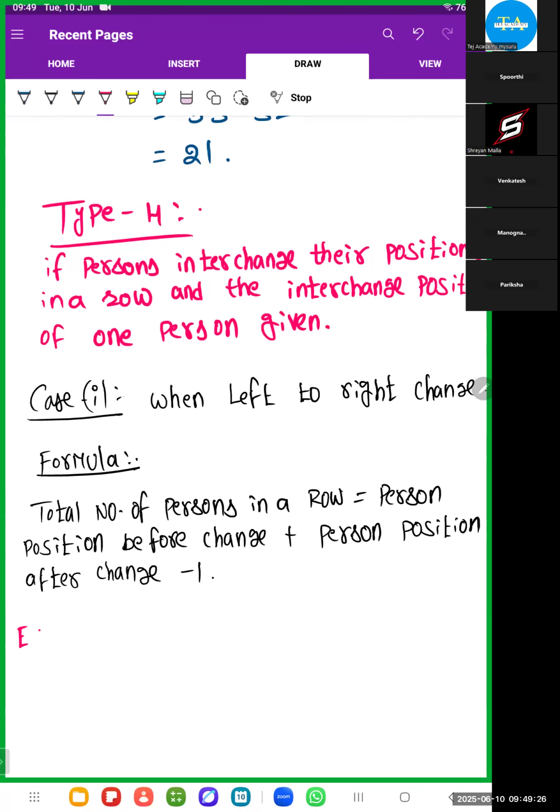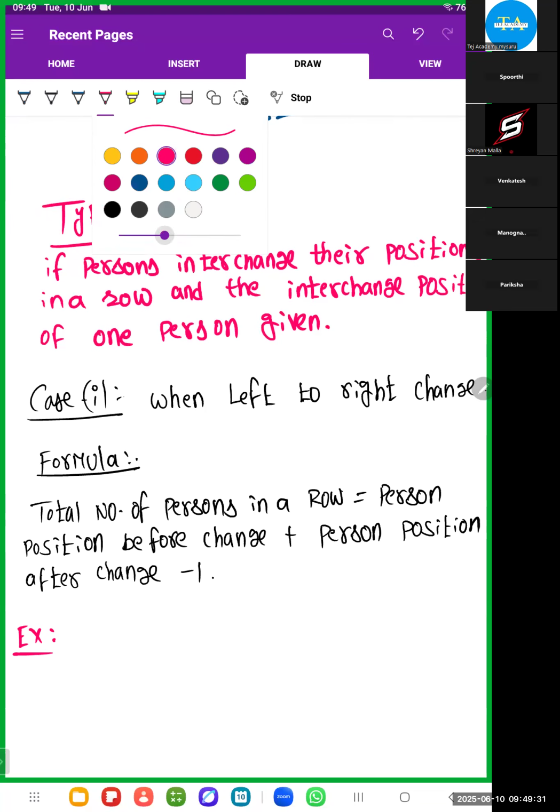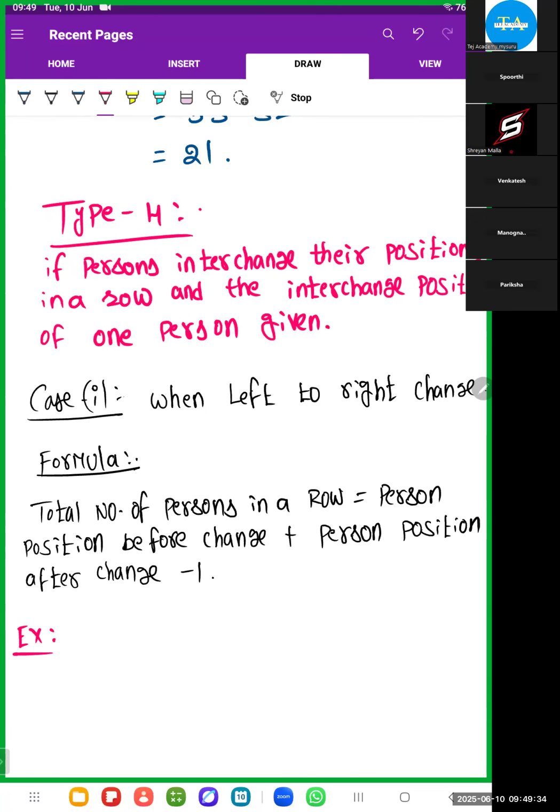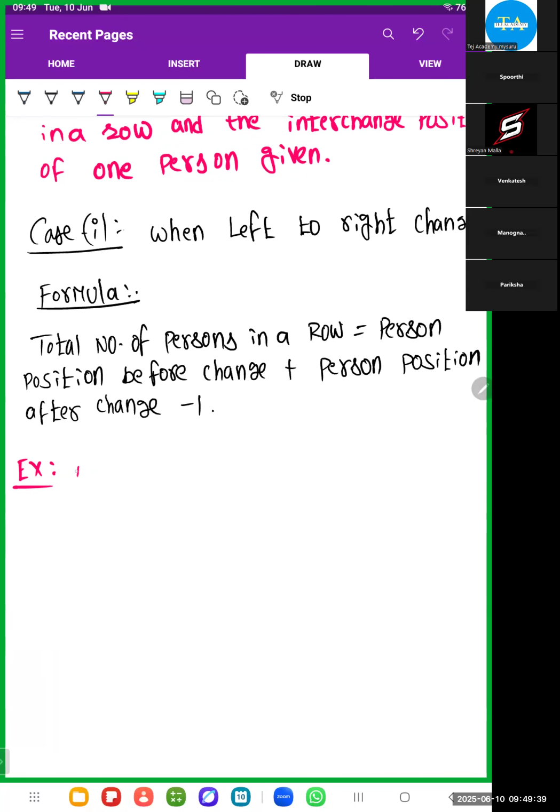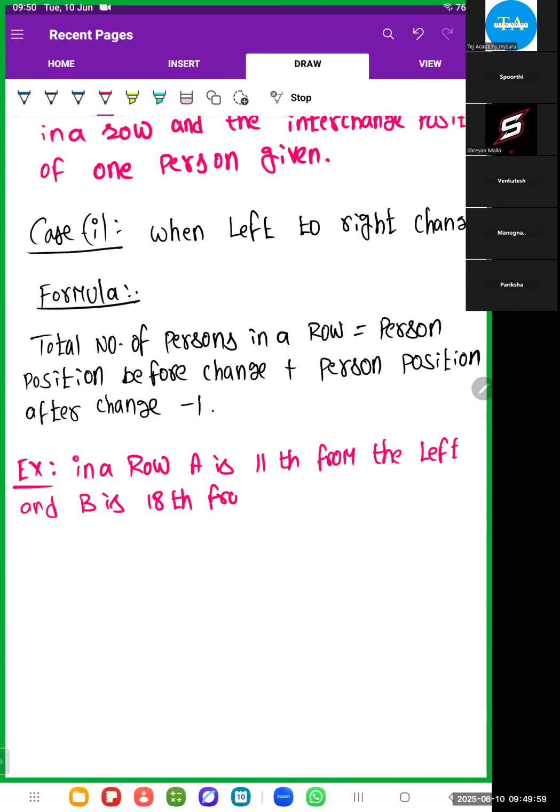Okay, so let me take an example. In a row, A is 11th from the left and B is 18th from the right.